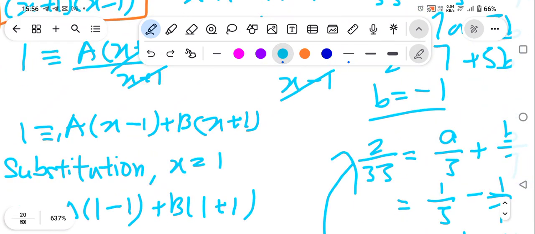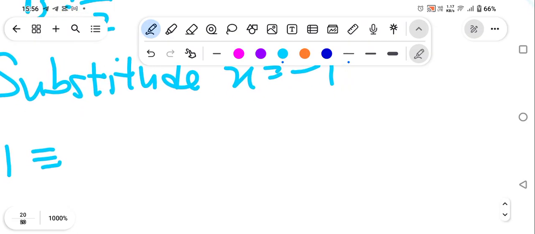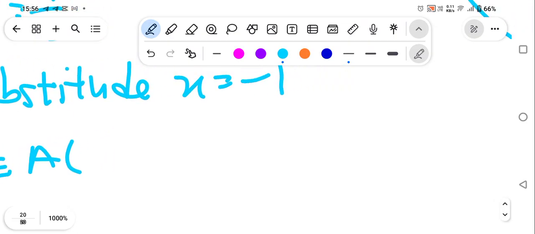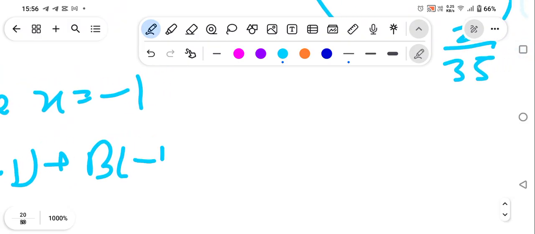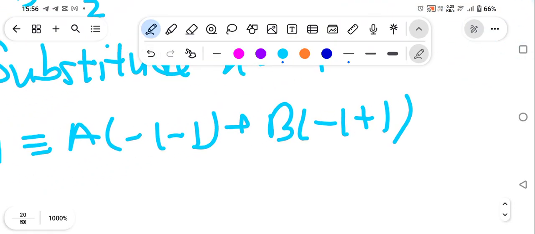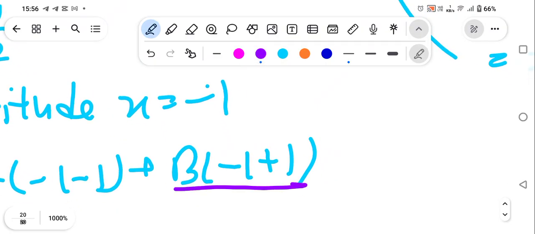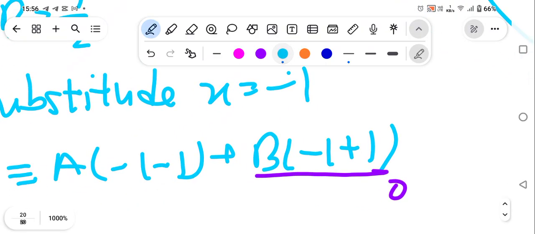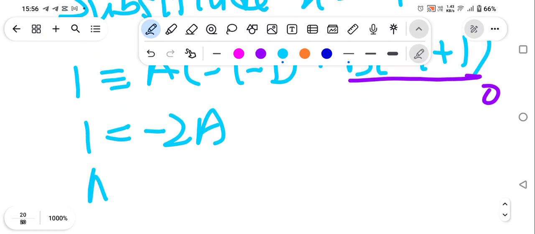So we have 1 is similar to a times negative 1 minus 1 plus b times negative 1 plus 1, and now this b term will be equal to 0. Therefore 1 is equal to negative 2a, a equals negative half.